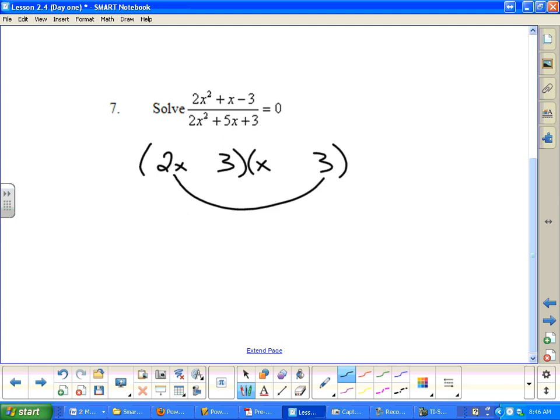I want 3 minus 2. So we have 2x plus 3, the 3 has got to be positive, and x minus 1 in the numerator.